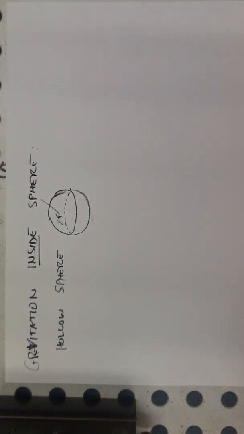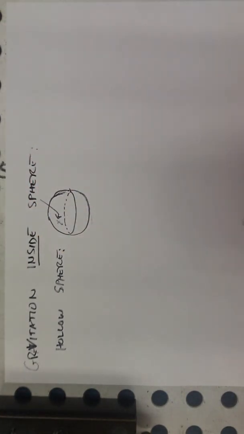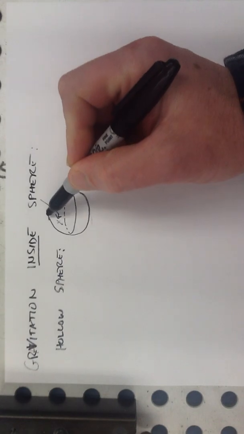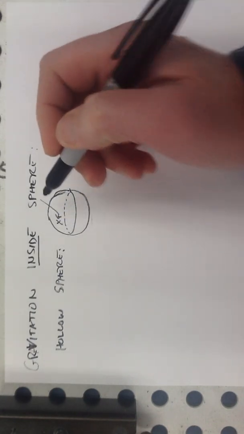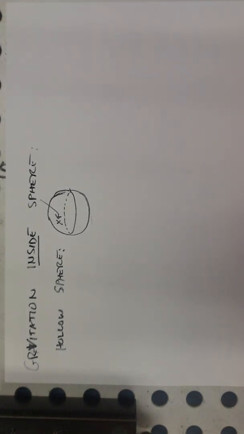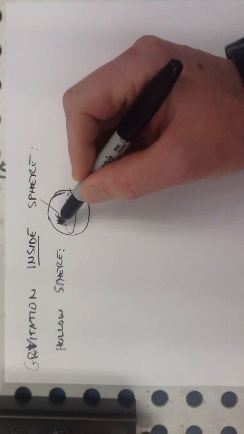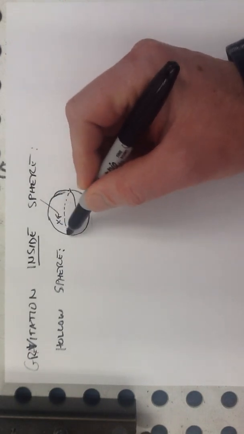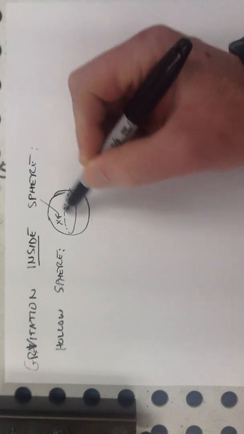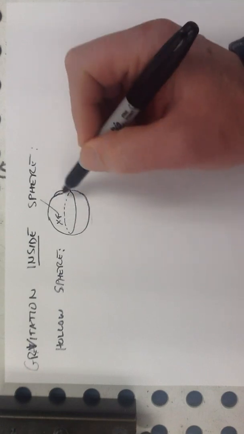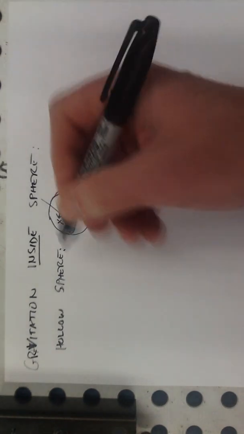Well, you would feel some from this part of the hollow sphere, and if gravitational force is GMm over r squared, then the r is a little bit smaller. You're closer to this, so you'd feel a little more tug from this than from this piece over here, but then there are all these other parts of it. And how would you possibly add them all up?